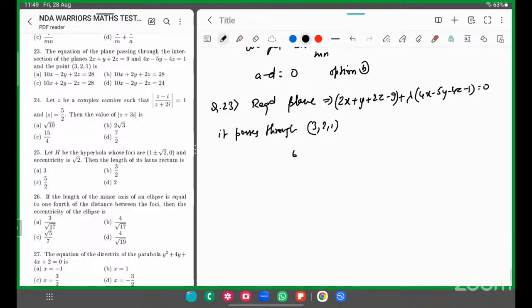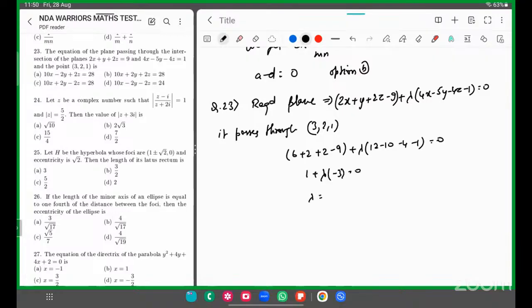You will be getting 6 plus 2 plus 2 minus 9 plus lambda times of 12 minus 10 minus 4 minus 1 equal to 0. Adding, it is 1 plus lambda times minus 3 equal to 0.